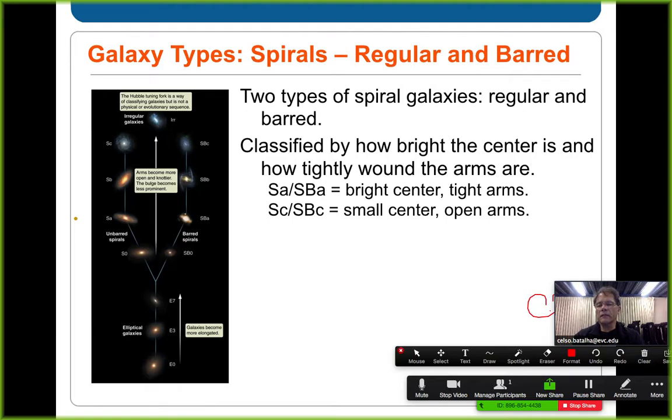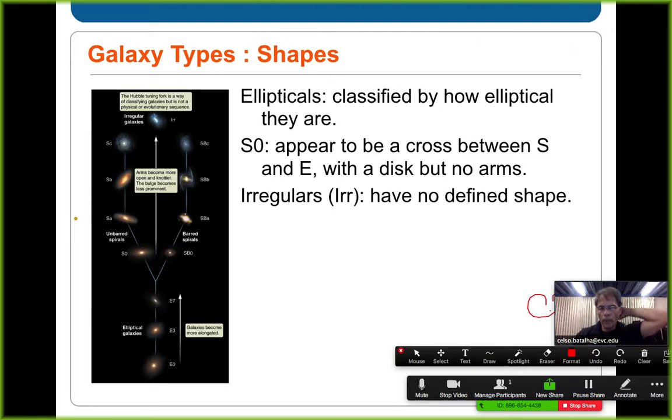And they are divided into a, b, or c, depending on how large the bulge is when compared with the opening and the size of the spiral arms. So S0 are a kind of an interface, if you will, between the elliptical and the spiral.